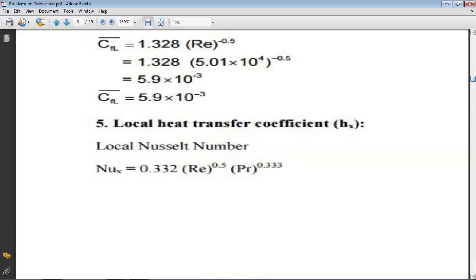That you can find in equation 1.1 on page number 113. If you substitute the value of Reynolds number as well as Prandtl number, you will get local Nusselt number. Once you equate that local Nusselt number with hL upon k, you can have the local heat transfer coefficient.